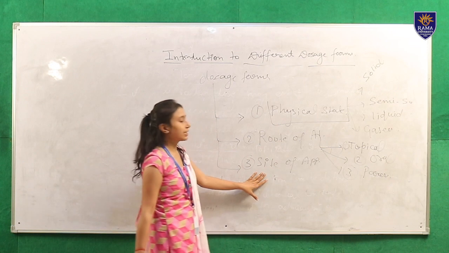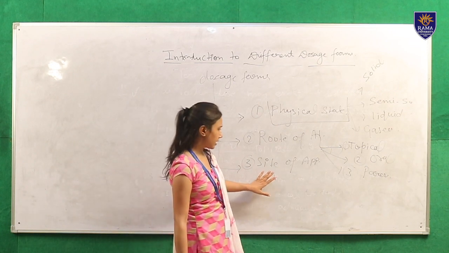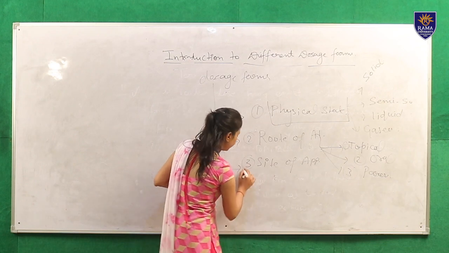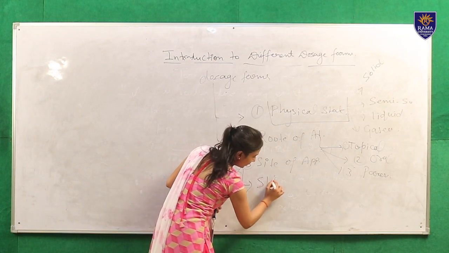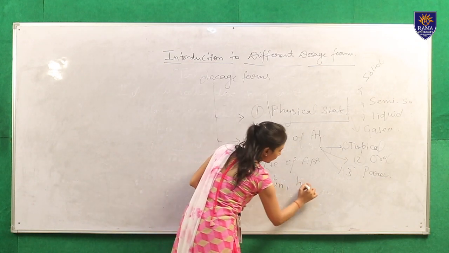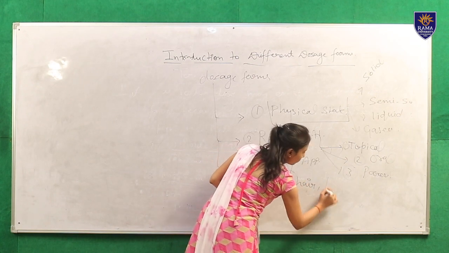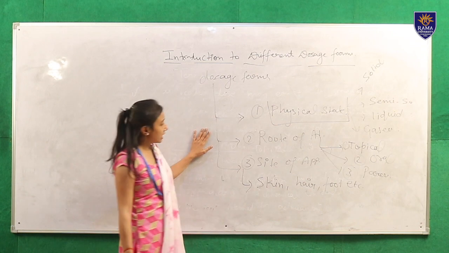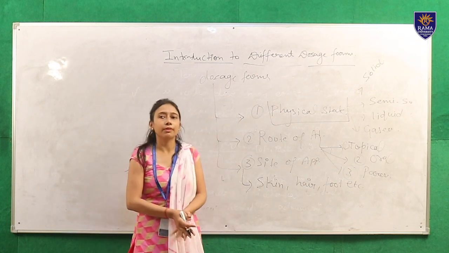Now third is the site of application. If we consider the site of application, dosage forms can be classified into skin, hair, food, etc. So these are basically the three main types of classification.